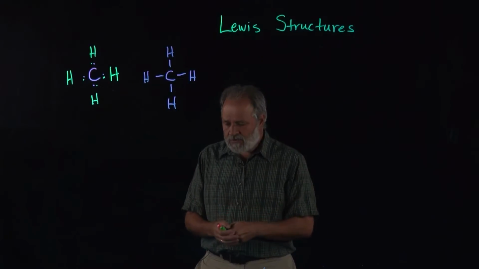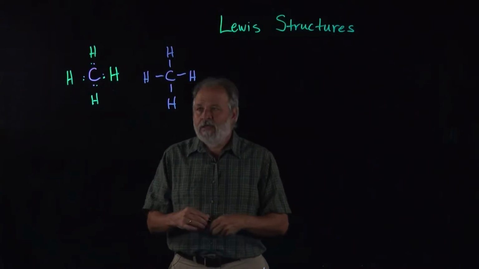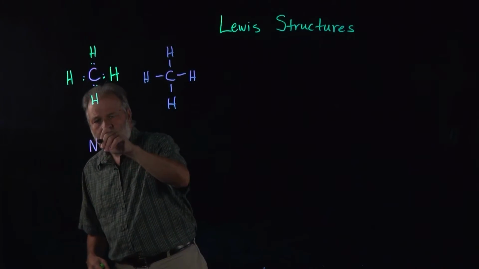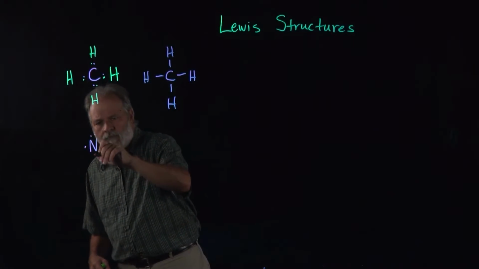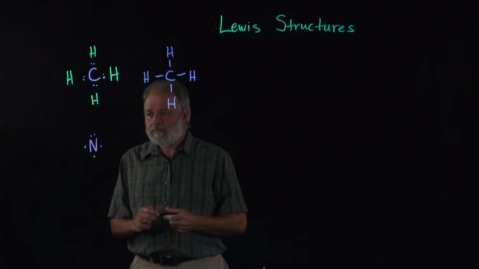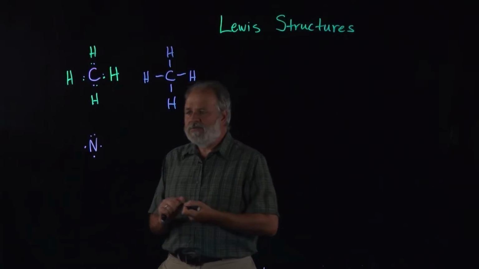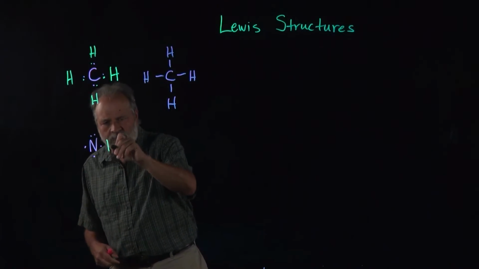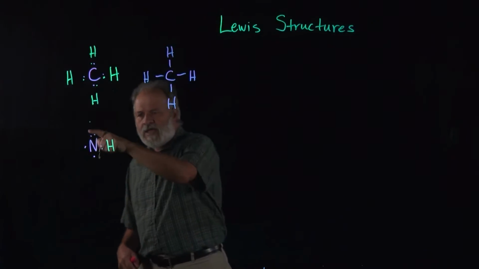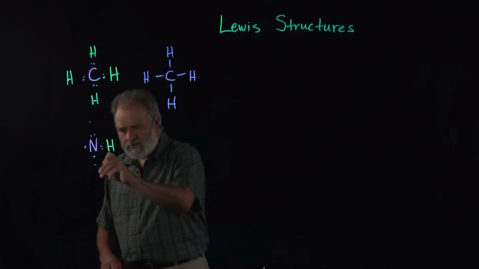All right, so let's do another element, and we'll go next in the periodic table to nitrogen. Now nitrogen has 5 valence electrons because it's in group 5A. And let's bond it to hydrogen as well. Whoops. See, we have a pair of electrons here, so we don't need the hydrogen on that side.